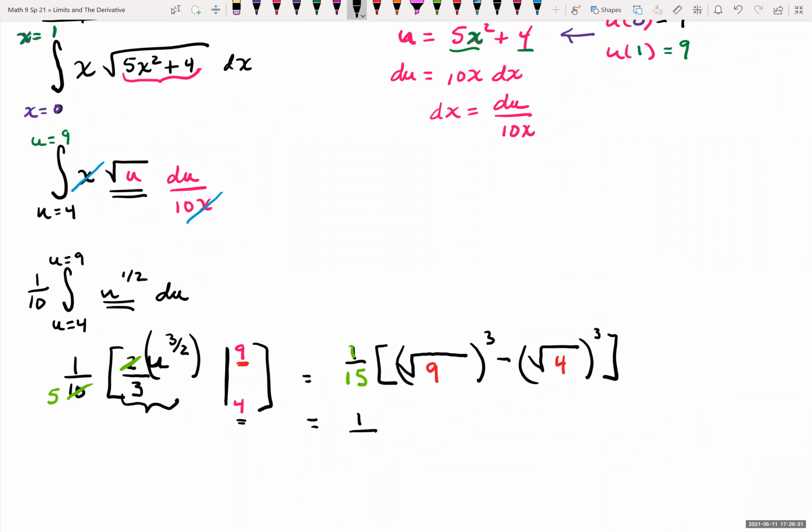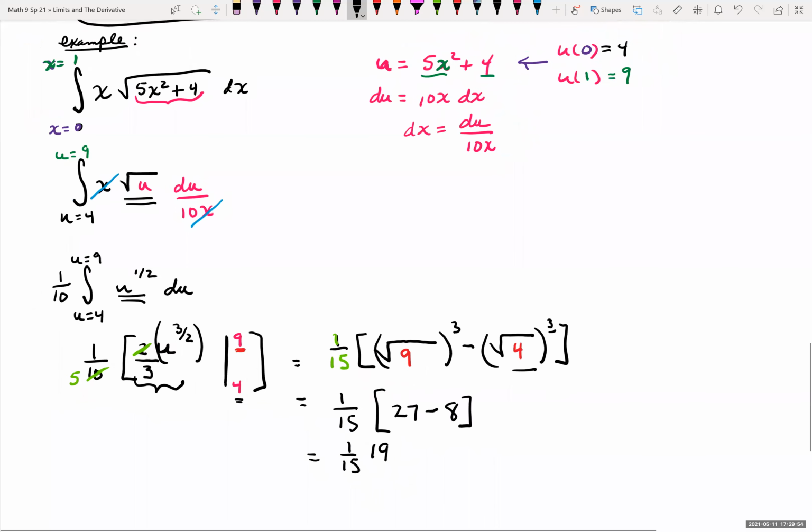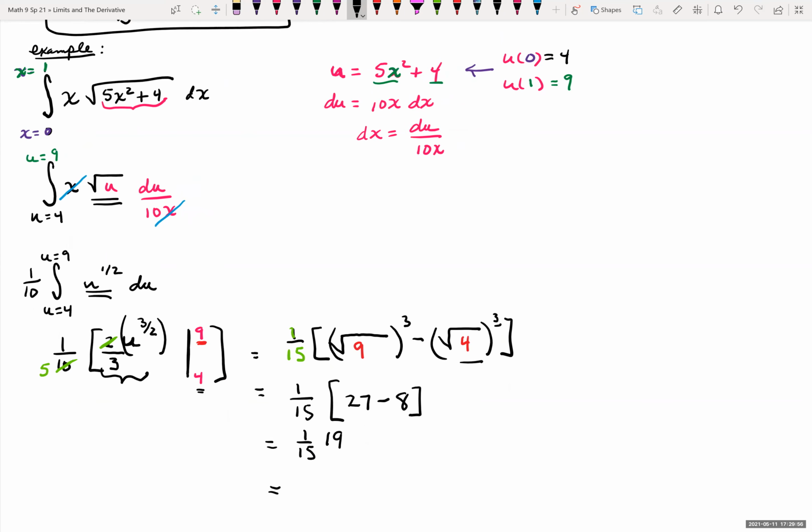So we have 1/15 times the square root of 9 is 3, and then cubing 3 gives us 27. Minus the square root of 4 is 2, and then 2 cubed gives us 8. So we have 1/15 times 27 minus 8, which is 19. So our answer is 19/15.